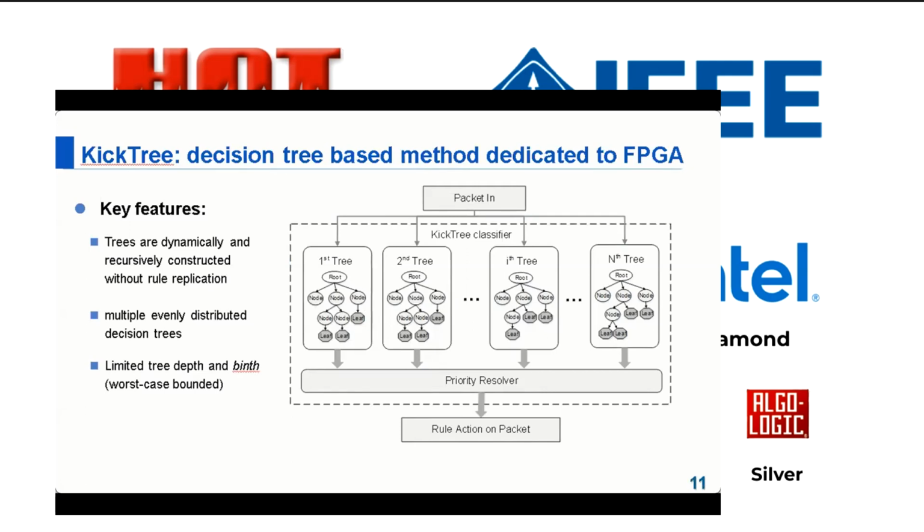Second, it has multiple evenly distributed decision trees, which can fully utilize the parallelism of FPGA. Third, tree depths and bins are strictly limited, so each tree would not be too large, which is worst case bounded.